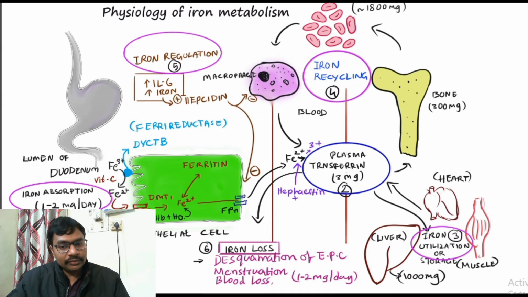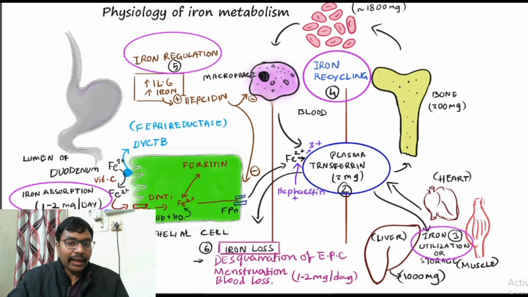And certain iron goes into the liver where it is stored as ferritin molecules. So the storage of iron occurs in the liver, the majority of iron being stored there. And a minor quantity of iron is also transported to the muscles, skeletal and cardiac muscle, where it participates in myoglobin synthesis and other essential cellular physiological processes.